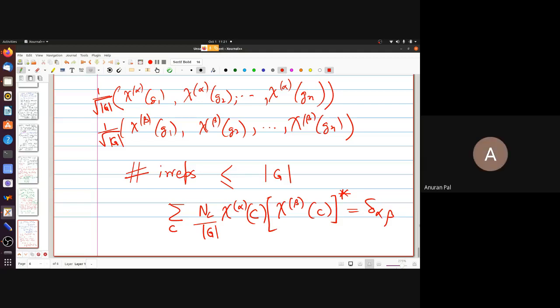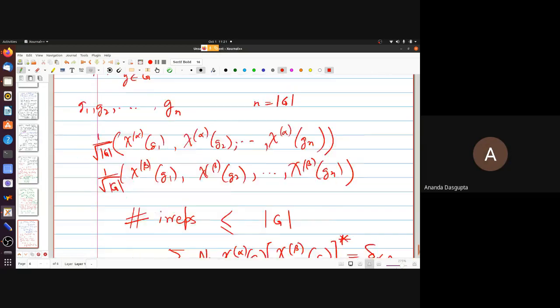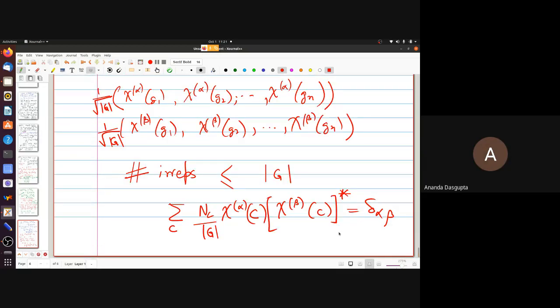Yes. But then can anybody now tell me what this tells us about the number of irreps? What I could do is form vectors like this. So the number of conjugacy classes. Yeah.